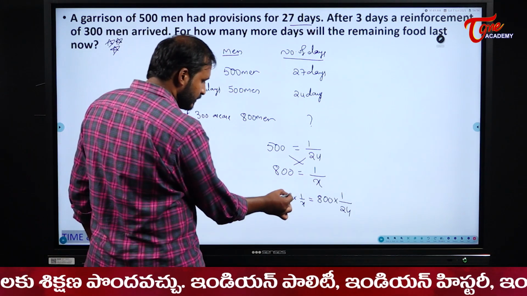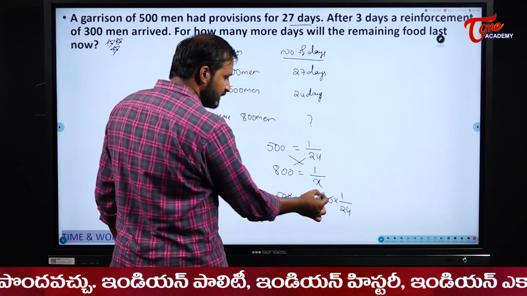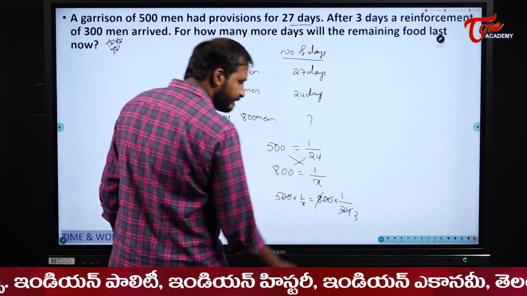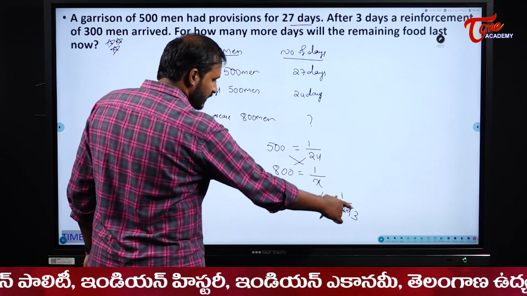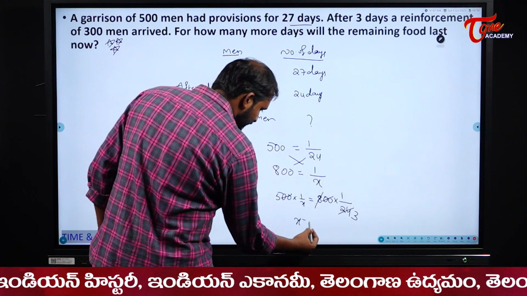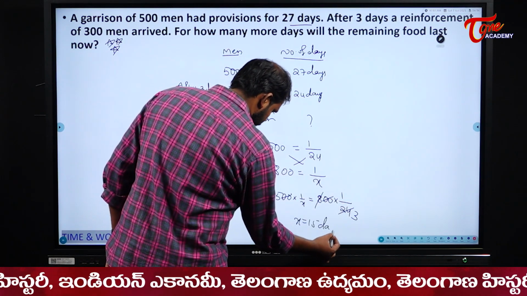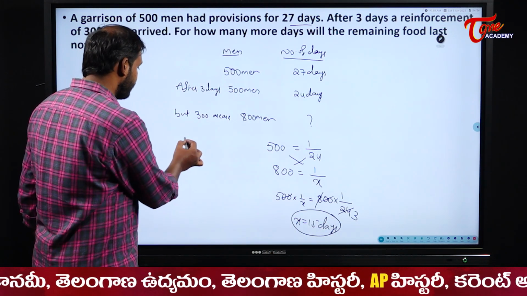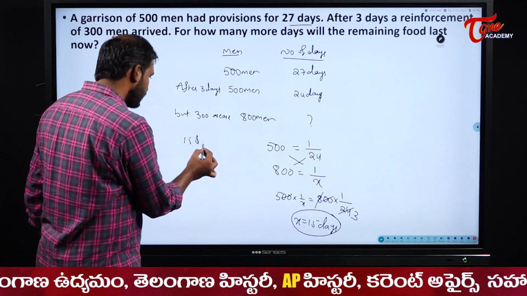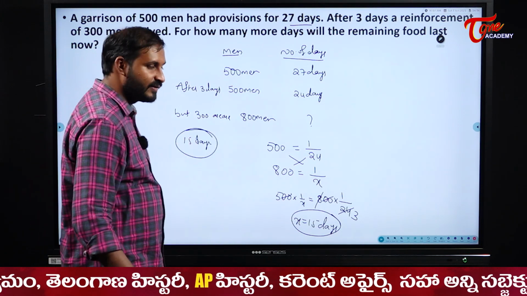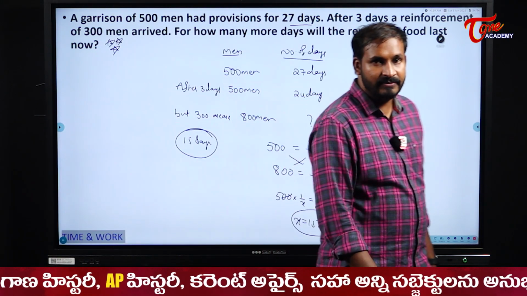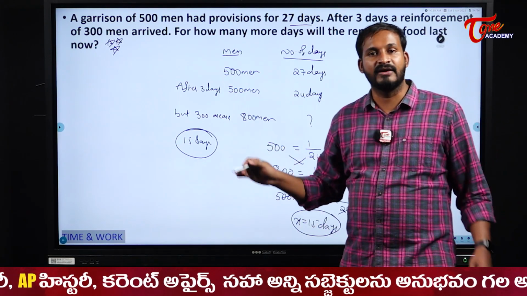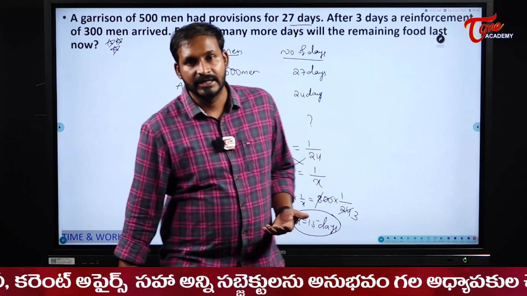Now see here, students. 2 zeros get cancelled. 8 ones are 8, 3s are 24. So x will go to that side, 3 will come to this side. So what will the x value become? 15 days. The food will be left for 15 more days. See here, students, this is a little bit different from the remaining questions, because here the number of men and the food are inversely related.